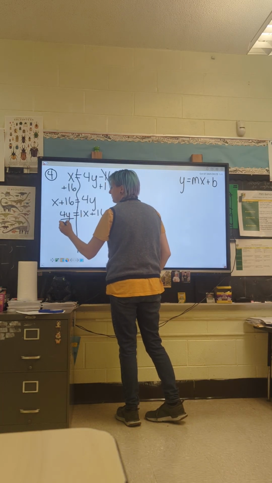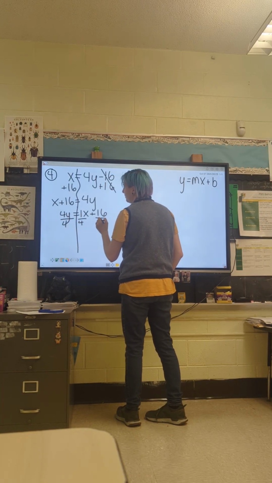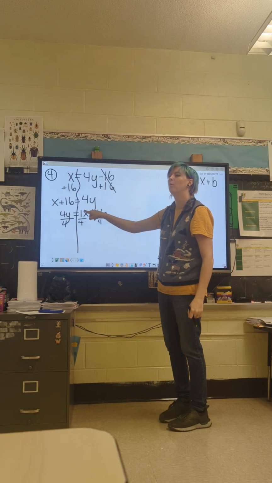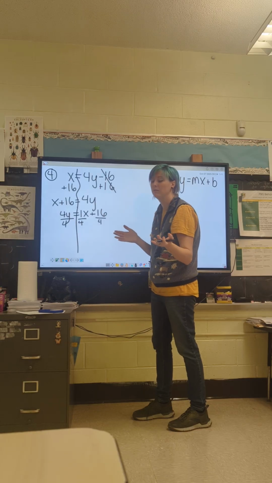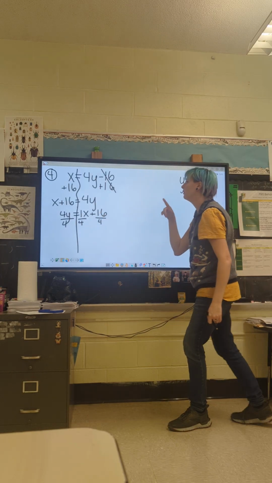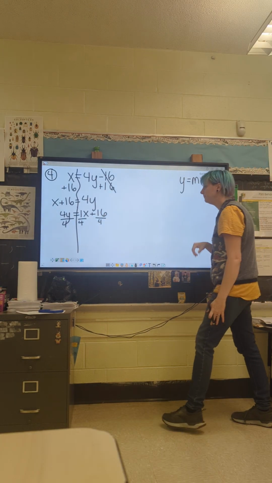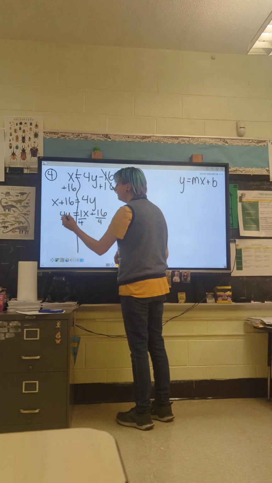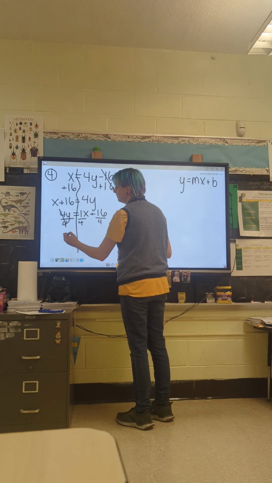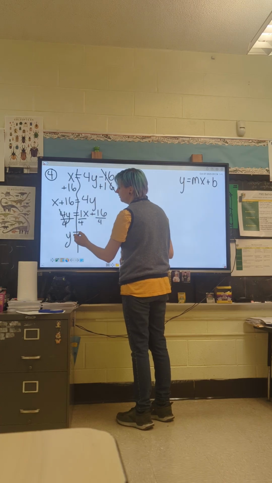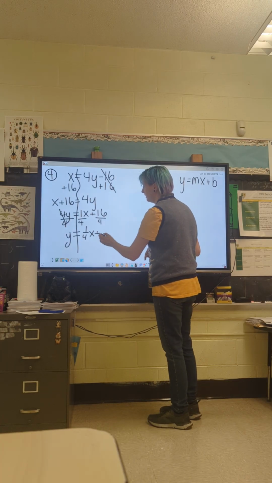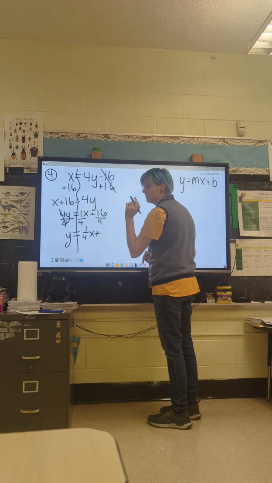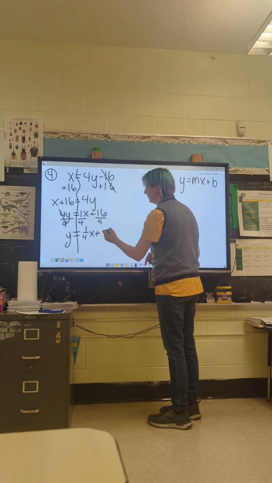I'm dividing both sides by 4. I put that 1 there, so I would end up with a 1/4. If you said x over 4, you're not wrong, but this is going to be easier when you go to use this form to graph it. 4 over 4 cancels to a 1, y equals 1/4 x, both positives. 16 divided by 4 is 4.